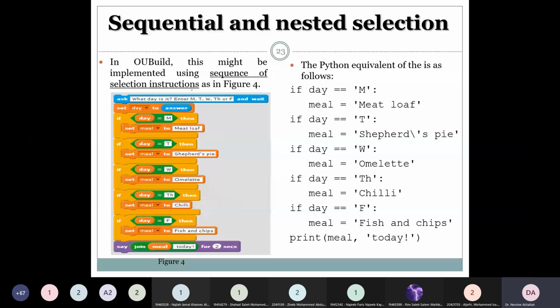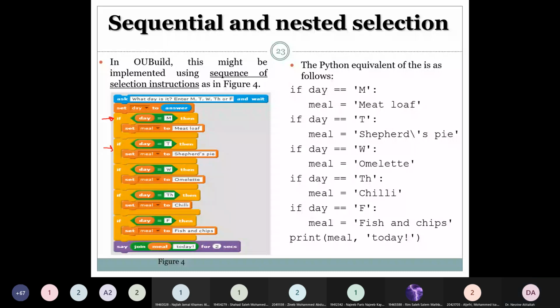For example, if it is Monday, I will set the meal to meatloaf, but I still compare if it is Tuesday, Wednesday, Thursday, Friday. So all these instructions are unnecessary to run. When the day is Monday, or Tuesday, I don't need to run all these instructions.